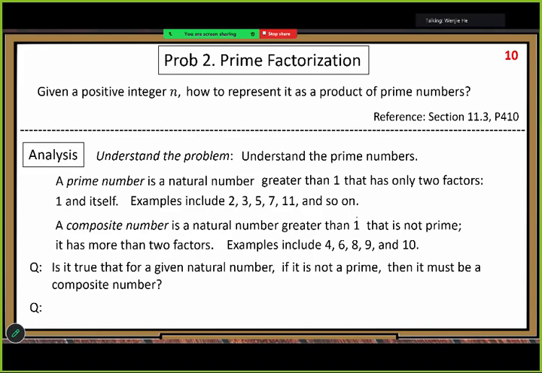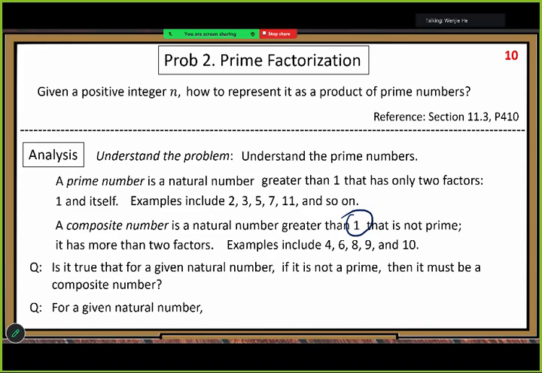It is the unit number. The unit number is not a prime, and the unit number is not a composite either. So the statement is false, because there is a counterexample, the unit number.